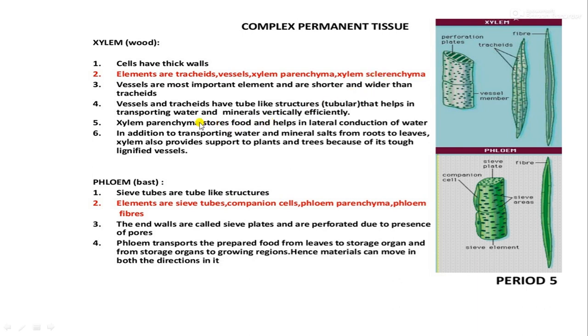So yesterday we have seen parenchyma stores food, storage parenchyma. So in between the xylem there is storage parenchyma which stores food and also helps in lateral conduction of water. Okay, parenchyma are thin-walled cells. Then in addition to transporting water and mineral salts from root to leaves, xylem also provides support to plants.